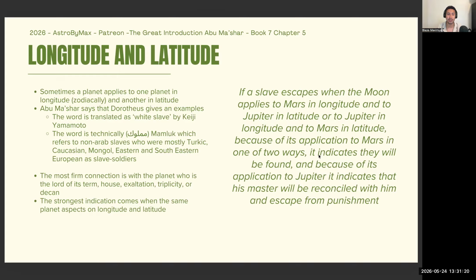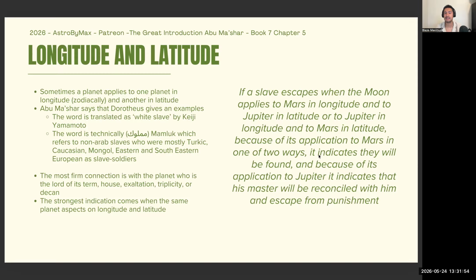The Arabic says mamluk, which refers to typically non-Arab slaves who were mostly Turkic, Caucasian, Mongols, and may have been Eastern and Southeastern European, and they were typically slave soldier militias that would be hired and also enslaved through war at the time. So again, white slave doesn't really translate that effectively, in my opinion. So I've done that for this reason. Again, I don't think this is the best example, but it's also an example that Abu Mashar is preserving that comes from Dorotheus.